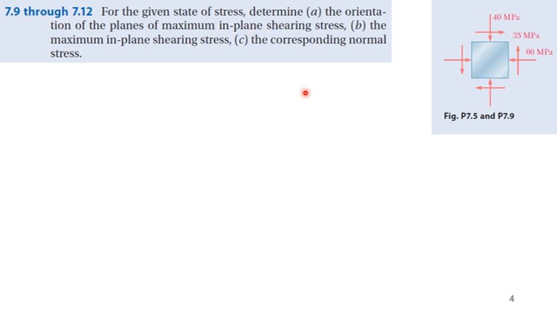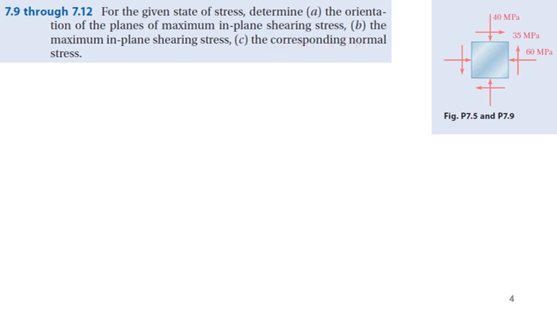We will discuss that when we discuss Mohr circle for 3D, where we will discuss what is in-plane and out-of-plane shearing stress. Currently we only consider the maximum shearing stress. And in part B, we have to find the maximum in-plane shearing stress and the corresponding normal stresses.